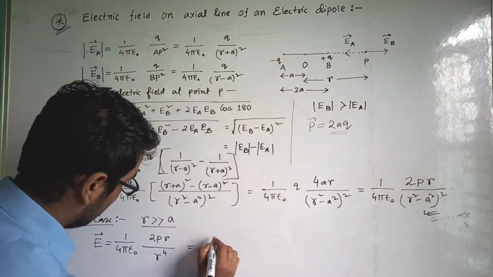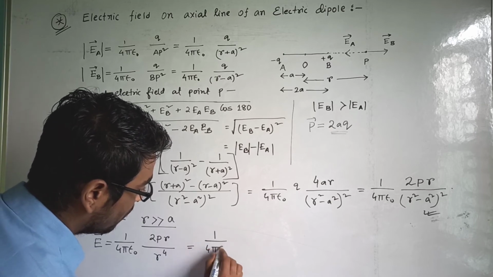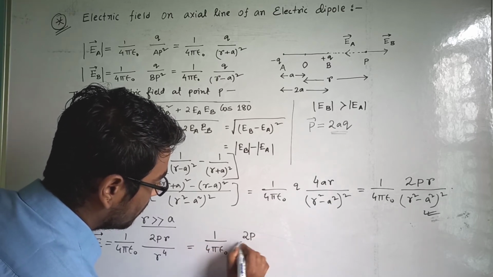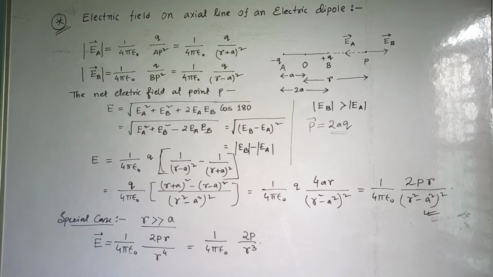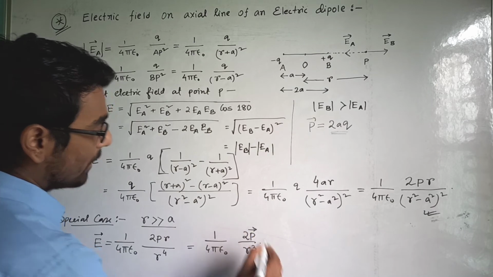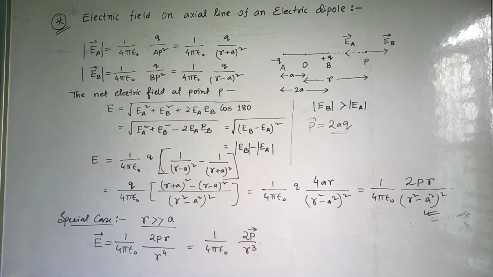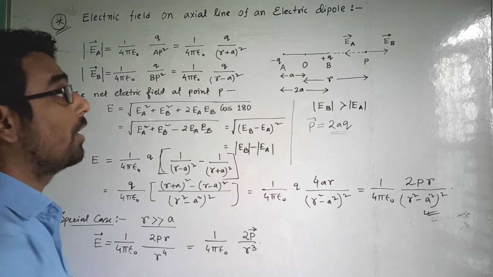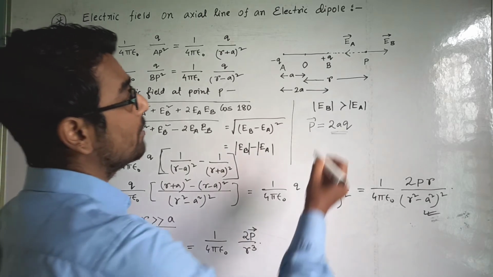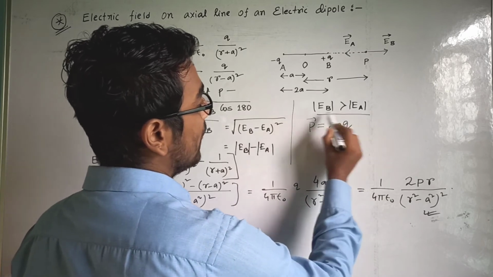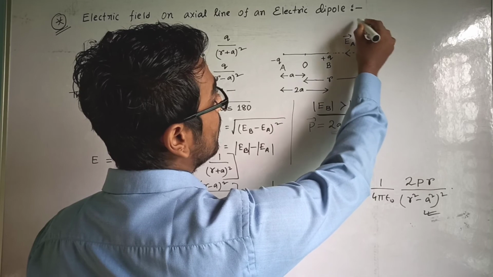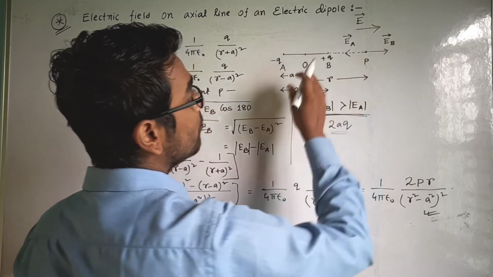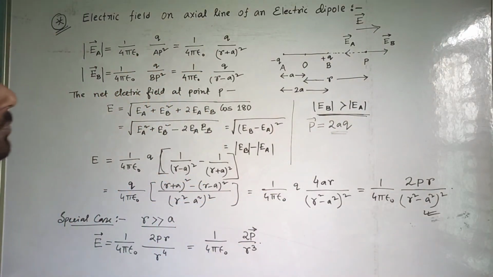So we get 1 by 4 pi epsilon naught 2P by R cube. It is the expression for electric field at a large distance from the electric dipole. Here we can see that the direction of net electric field is in the direction of EB, as EB is greater than EA.